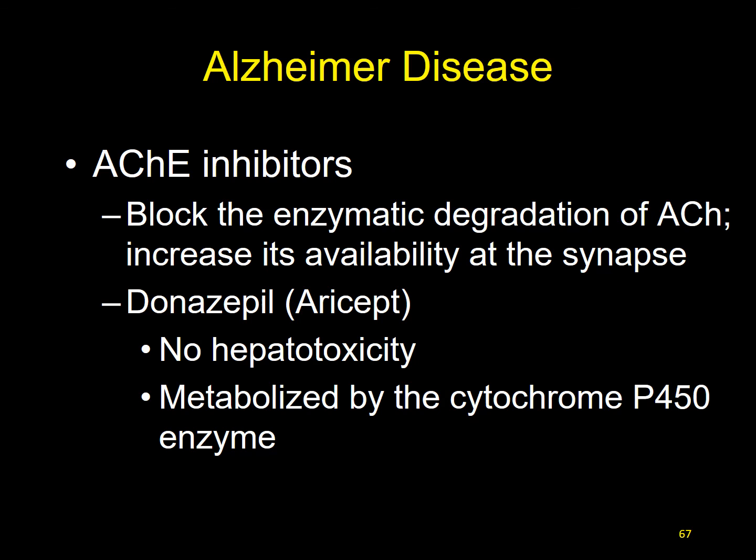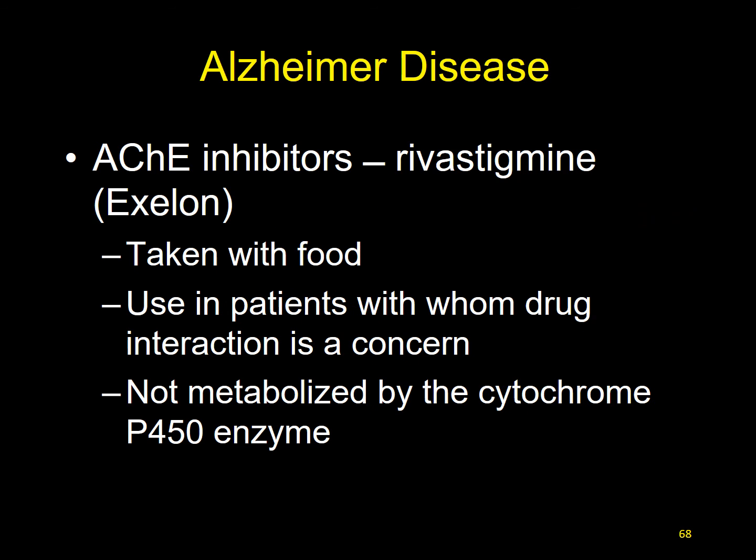Its brand name was Cognex. That drug had to be taken 4 times a day. It was almost perverse in its paradox: who with Alzheimer's disease is going to remember to take a drug 4 times a day? Anyway, that's what Aricept is. Once a day, it is metabolized by cytochrome P450. That's its biggest downside.